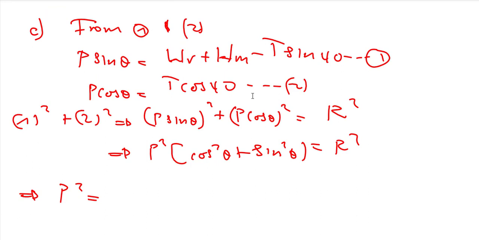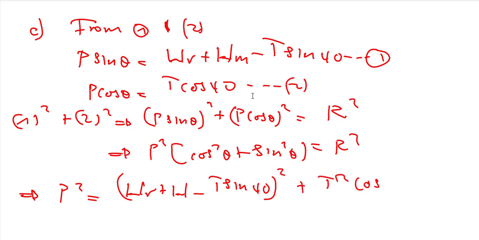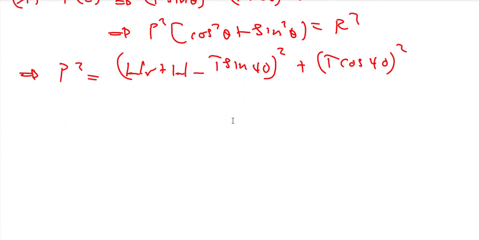Our R squared will be WR plus WM minus T sine 40, all of that squared, plus T cos 40, all of this squared.